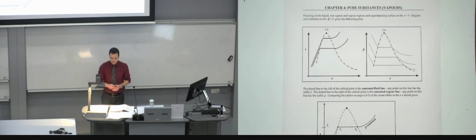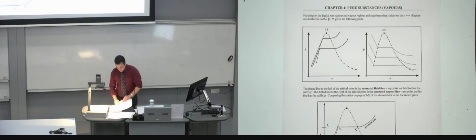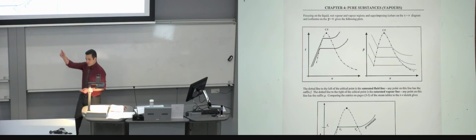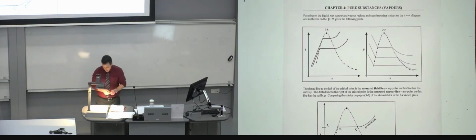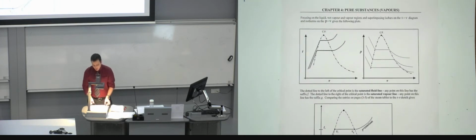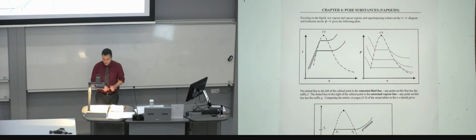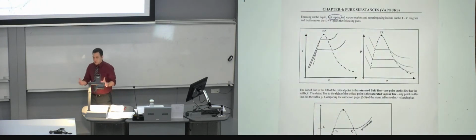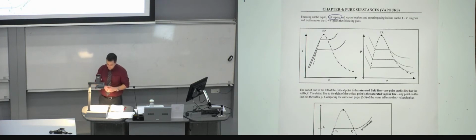Now, let's come back to our PV and TV diagram, and let's talk more about those lines on these diagrams. Probably the most challenging part of this diagram is the wet vapor, because it's a mix of liquid and steam.